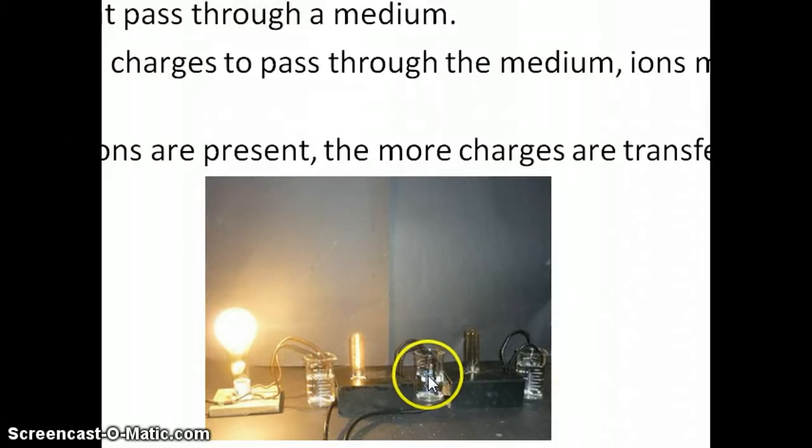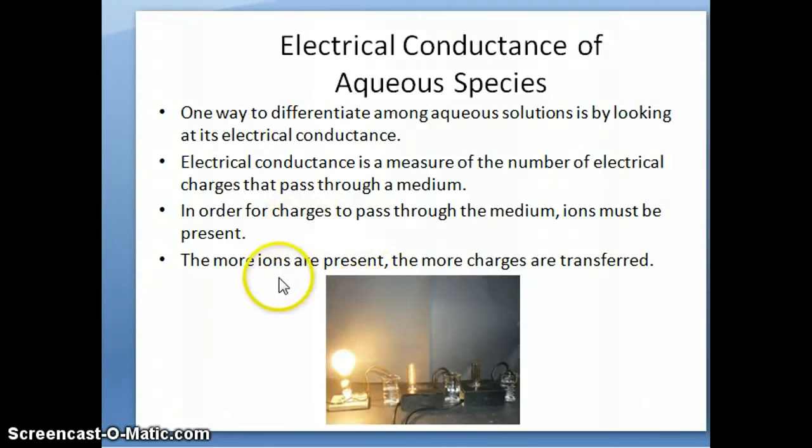This one conducts only a small amount of electrical charges, so you see only a little bit of light. And this one conducts nothing, so you see no light bulb here. So we can differentiate among different aqueous species by determining how much electricity passed through the solution.